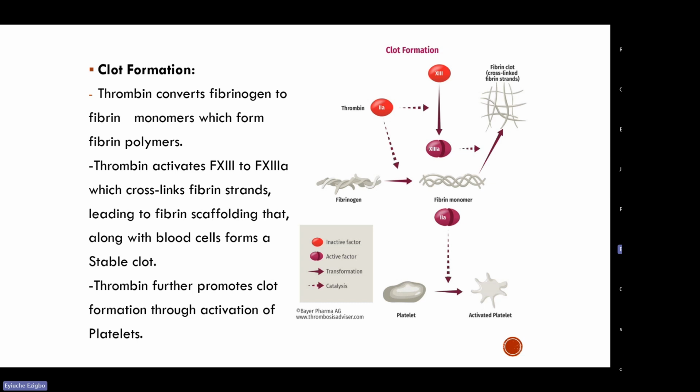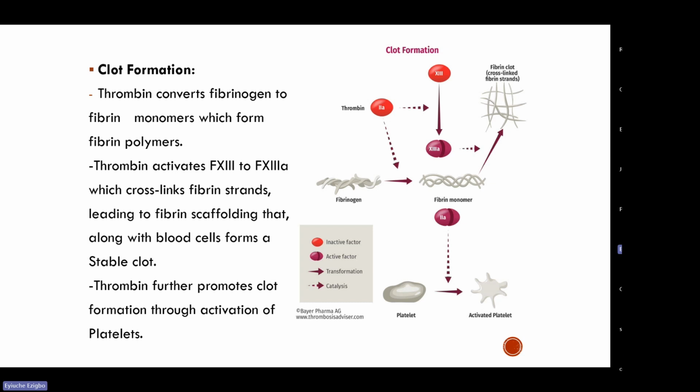So in the process of clot formation, the thrombin burst generated at the propagation phase converts fibrinogen first to fibrin monomers, which form fibrin polymers. Thrombin activates factor 13 to activated factor 13, which cross-links fibrin strands, leading to fibrin scaffolding that, along with blood vessels, forms a stable clot.